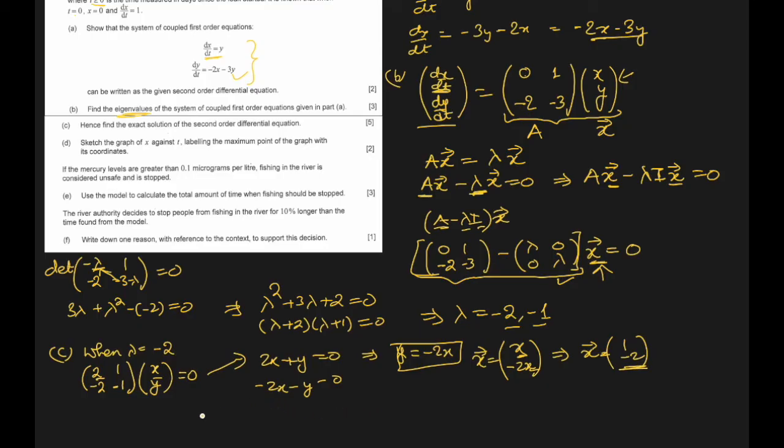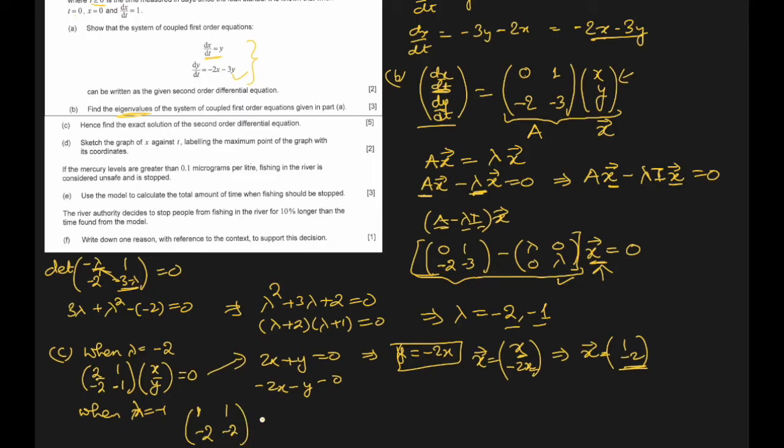Okay, second, when lambda is minus 1, so the matrix, this one becomes minus 1, which is positive 1, then we have 1, then we have minus 2 here, and minus 3 minus 1 will be minus 2.